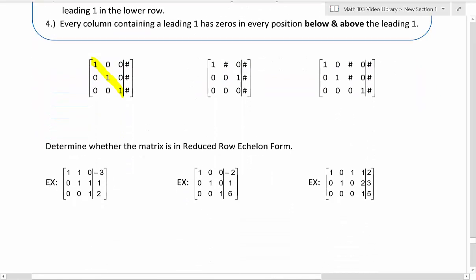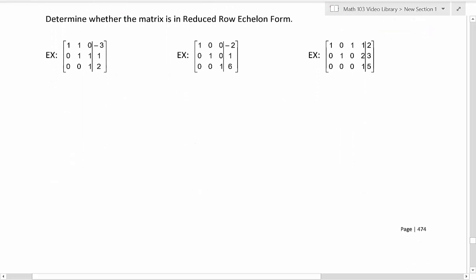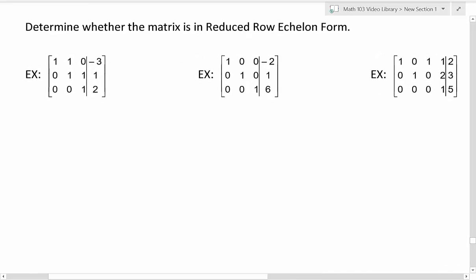So let's determine whether these next three matrices are in reduced row echelon form or not. And we'll just go through the four characteristics for each matrix. Looking at this first one, characteristic number 1 says that if there's a zero row, it's at the bottom. Well, it doesn't have a zero row. Characteristic number 2 says that the first non-zero entry coming in from the left is a positive 1. Satisfies that characteristic.